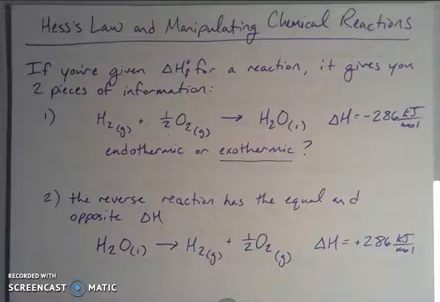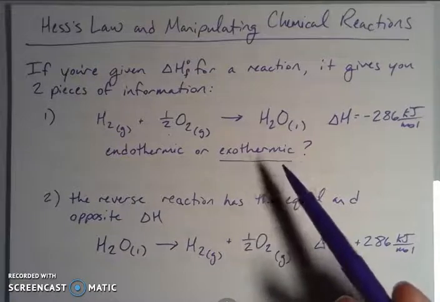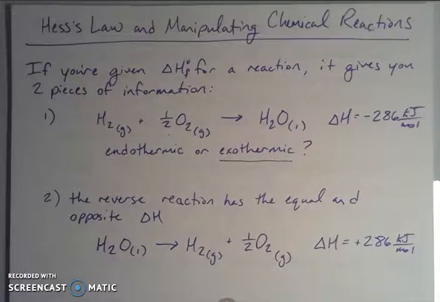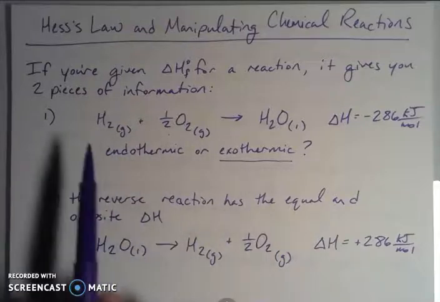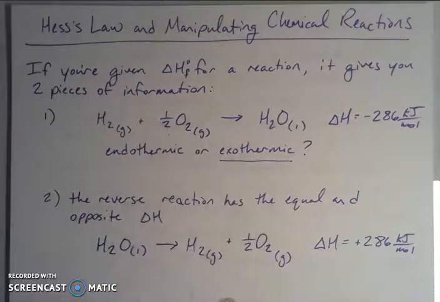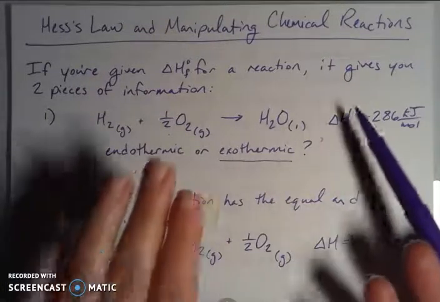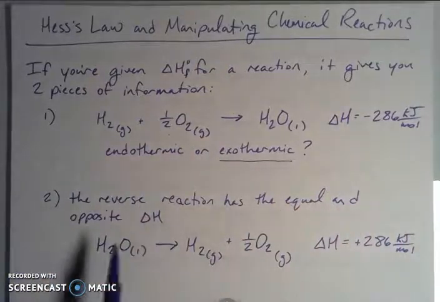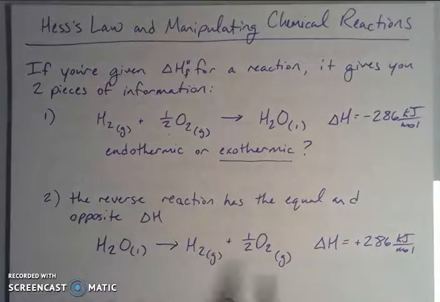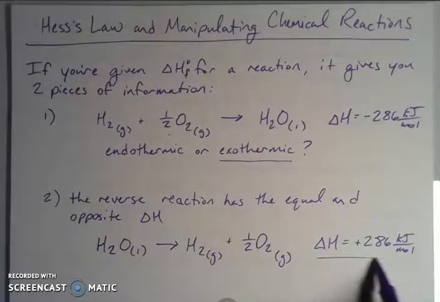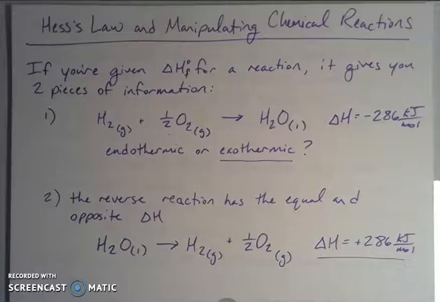The second piece of information that we get from this is if I was to do this process in reverse, so if we were calling this a forward reaction, where my reactants form products in a traditional sense, if I was to flip-flop this and have what were products now as reactants and go in the opposite direction, this would be called the reverse reaction as opposed to the forward reaction. We would take the same amount of energy to do that, but I'd have an opposite sign.